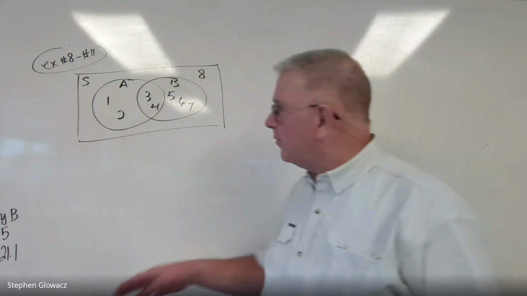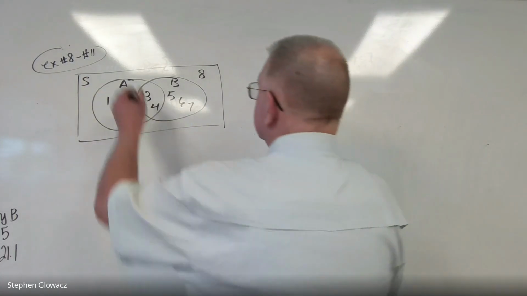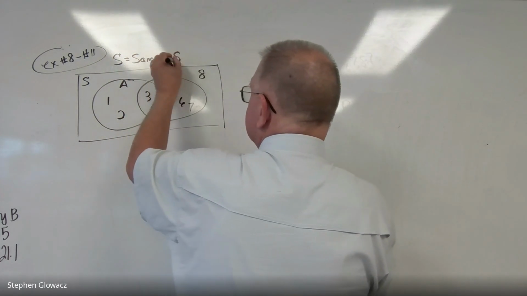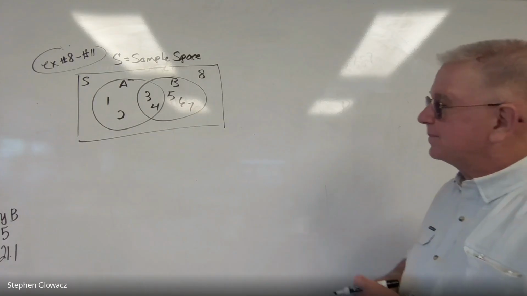Although, for whatever reason, they call it a sample space, but it's the exact same idea. So S is referring to something called the sample space, which again is the same idea as the universal set.